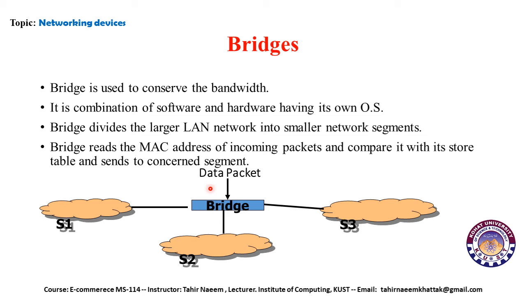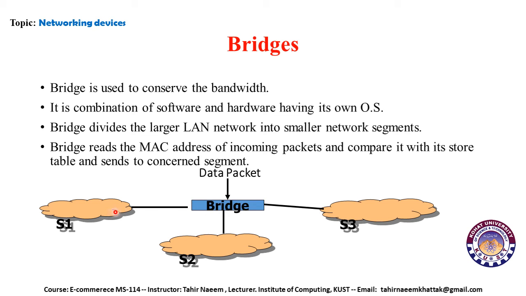As you can see from here, whenever data packets arrive at the bridge, the bridge has its own storage where it stores the different MAC addresses of different segments. Here we have represented three segments, S1, S2, S3. Whenever it reads the MAC address of the incoming packet, it compares it with the MAC addresses stored in the bridge and matches it.